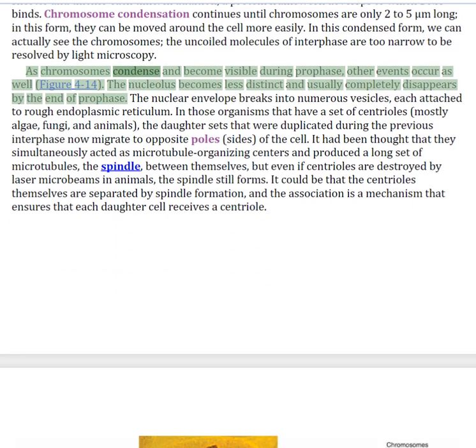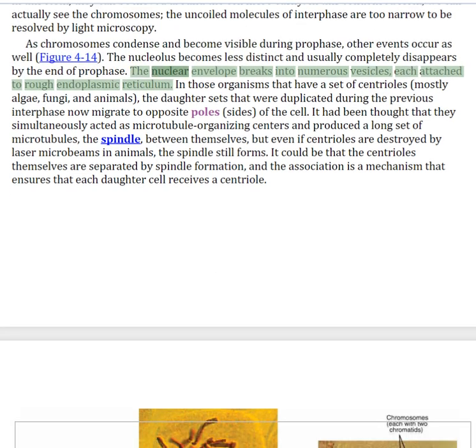As chromosomes condense and become visible during prophase, other events occur as well. The nucleolus becomes less distinct and usually completely disappears by the end of prophase. The nuclear envelope breaks into numerous vesicles, each attached to rough endoplasmic reticulum.